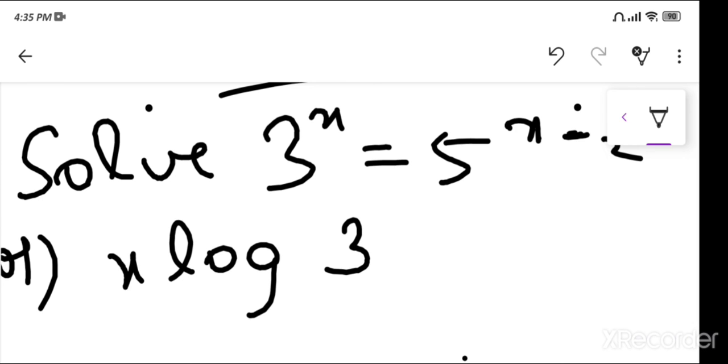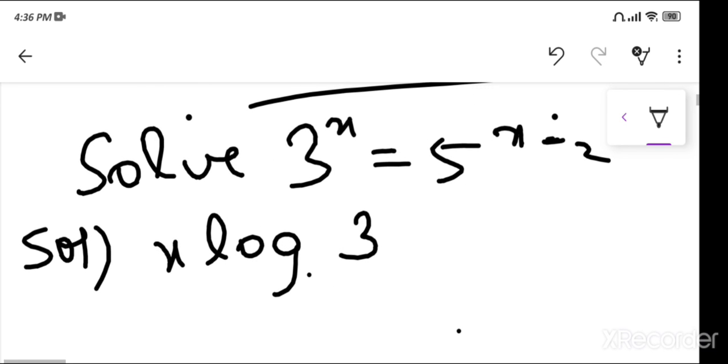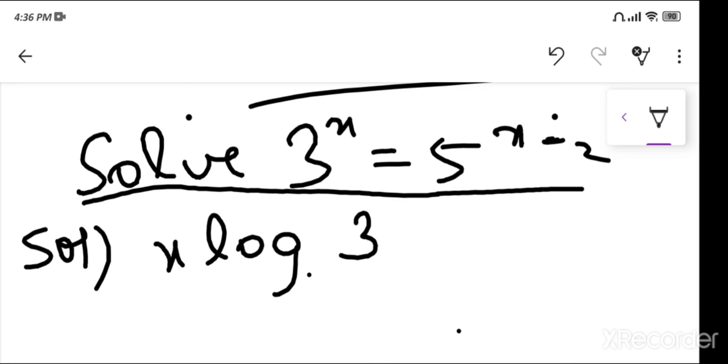I'm going to take it in that form so that it becomes easy for me. As you can observe here, there's no base. He didn't tell us to take it in a single logarithm. If there is a question that says take it in the single logarithm, you need not take the base. But there's a solve question here, so I need to take the base as 10.